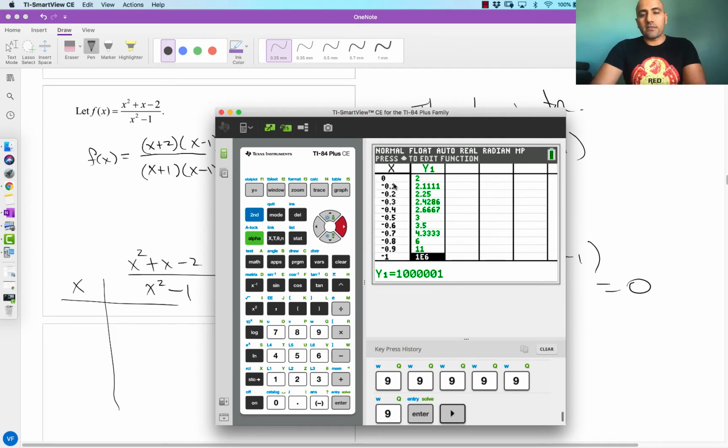Okay, so as the input values get closer and closer to -1, but always from the right-hand side, this is growing out of control toward positive infinity.